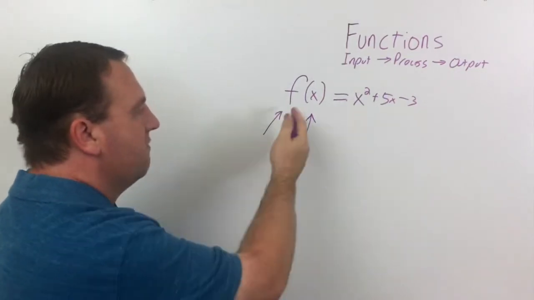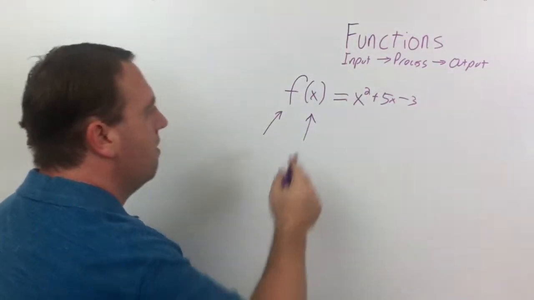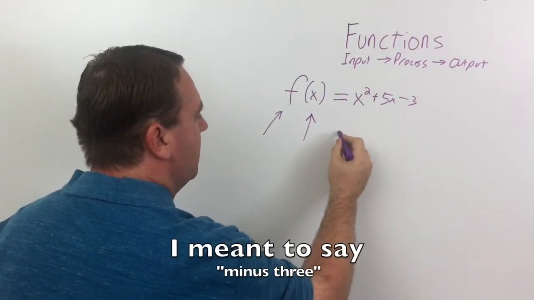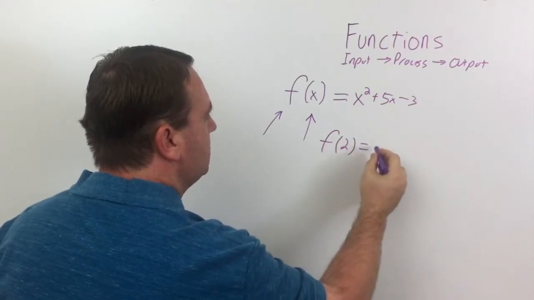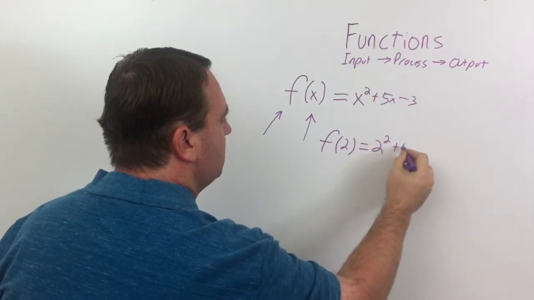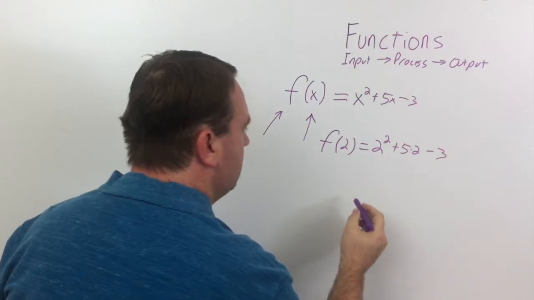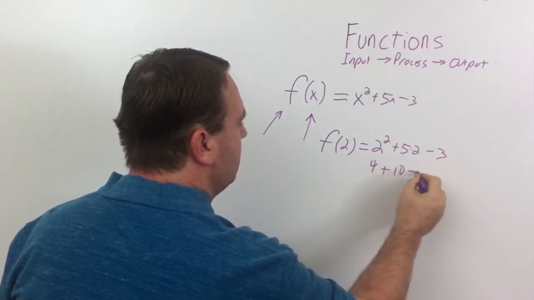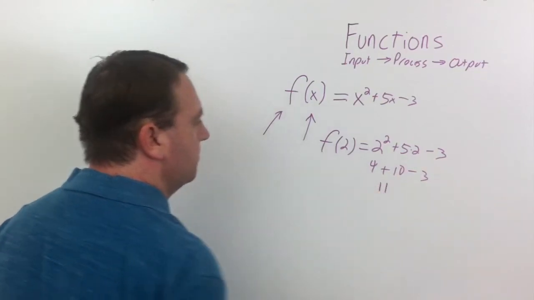Okay? So we have a function that takes x as a value, and yields that value squared plus 5x minus 3. So f of 2 is equal to 2 squared plus 5 times 2 minus 3, which is equal to 4 plus 10 minus 3, which is equal to 11.